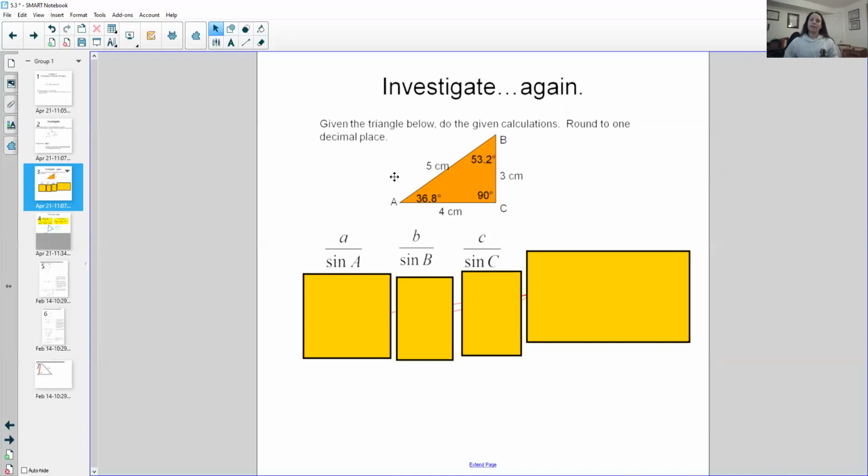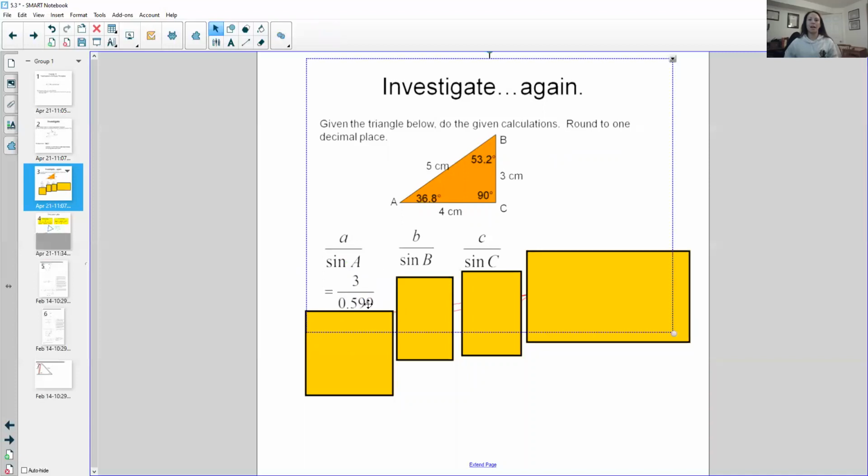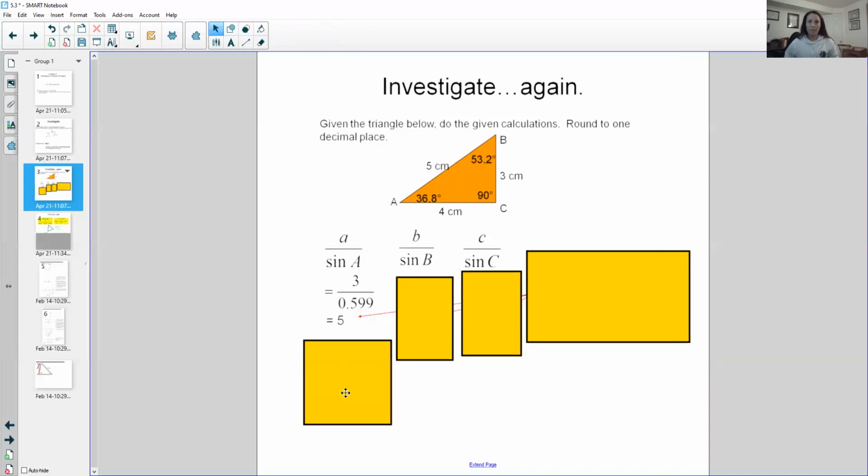If I take the sine of an angle, so let's say sine of 36.8, and I divide 3 by sine of 36.8, I'd have a fraction set up like this. If I plug it into my calculator, I should get about 5. Depending on how accurate my measurements were, you might get 4.99 or 5.01, but you would get about 5.